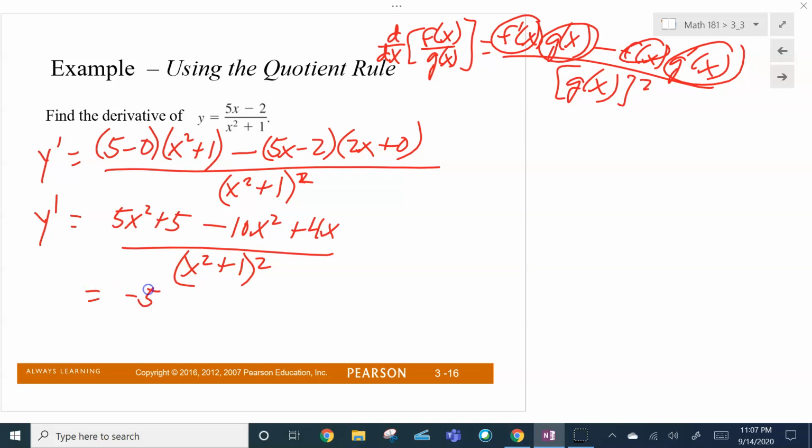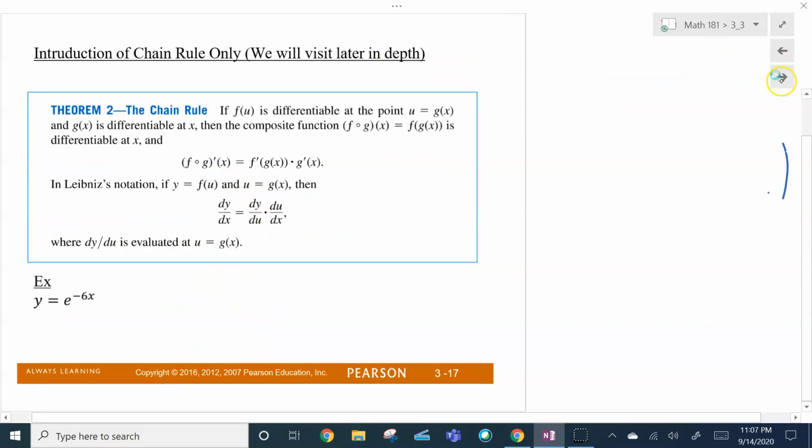So I got negative 5x squared plus 4x plus 5 over x squared plus 1 quantity squared. There's the derivative, the first derivative. And of course, you could do the second derivative as well.